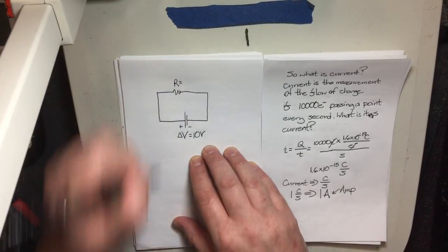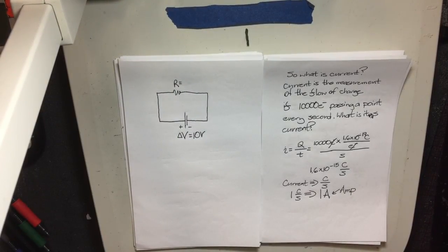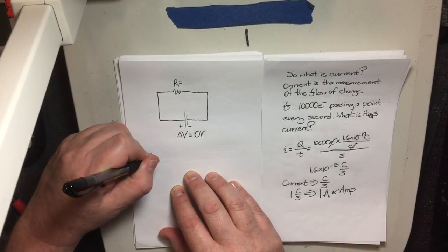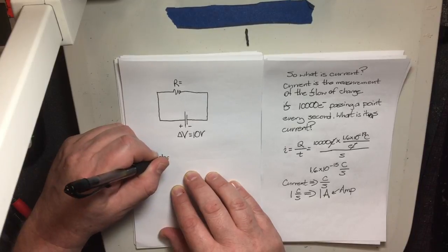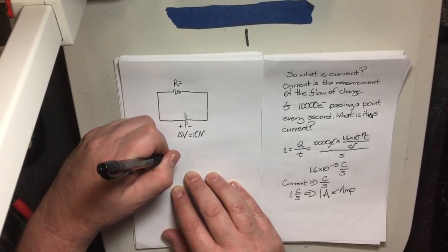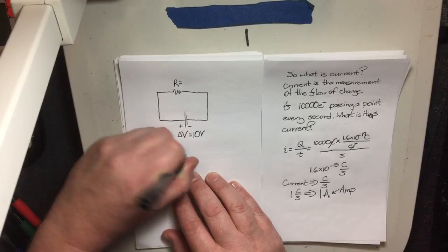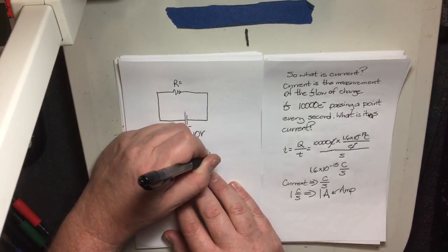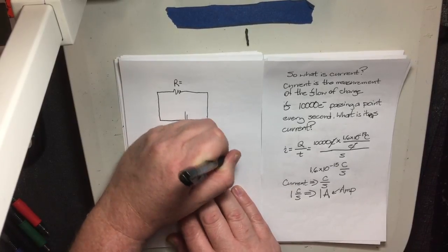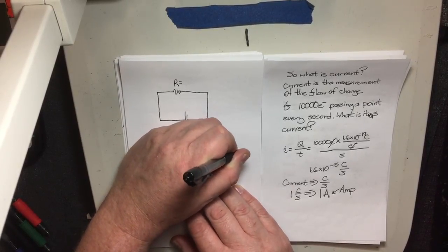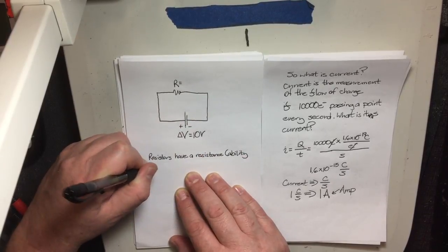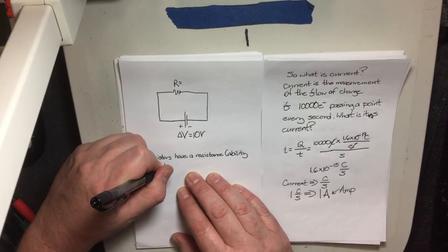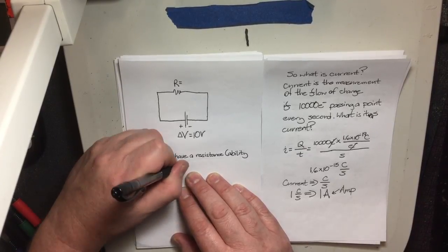And this resistor, and let's talk about resistors for just a moment. Resistors have a resistance, the ability to inhibit current flow.